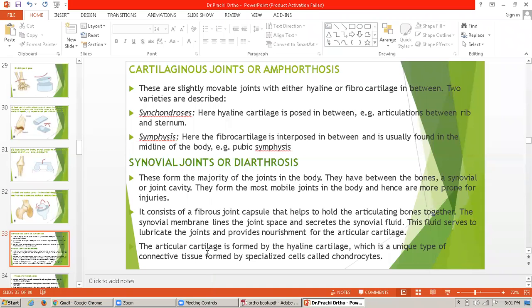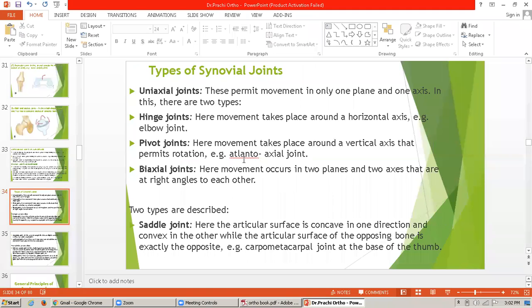The articular cartilage is formed by hyaline cartilage, which is a unique type of connective tissue formed by specialized cells called chondrocytes. So this is all about the synovial joint.